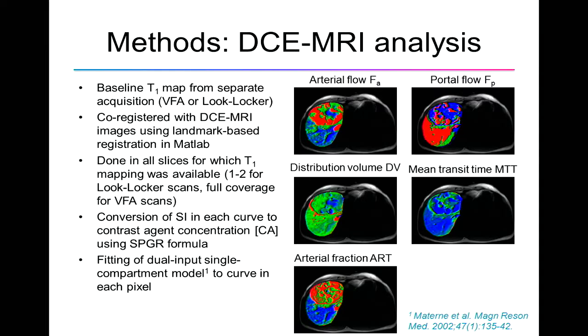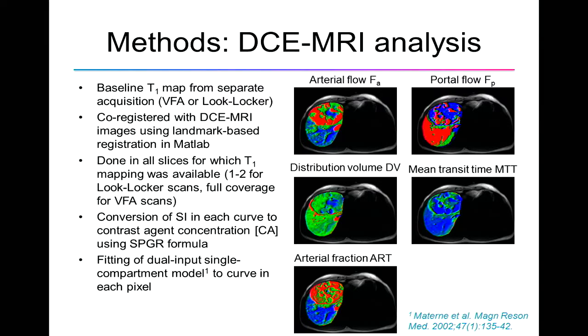For the DCE-MRI analysis, we used a baseline T1 mapping sequence from a separate acquisition, either a variable flip angle or a Look-Locker acquisition, and this acquisition was co-registered to the DCE-MRI data using a landmark-based registration algorithm in MATLAB. This was done in all slices for which our T1 mapping was available, which were 1 to 2 slices for the Look-Locker scans, or full coverage for the VFA scans.